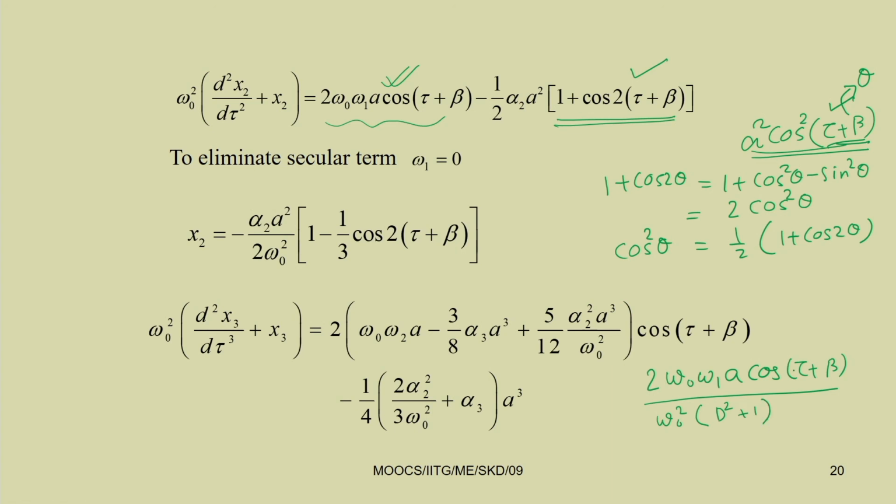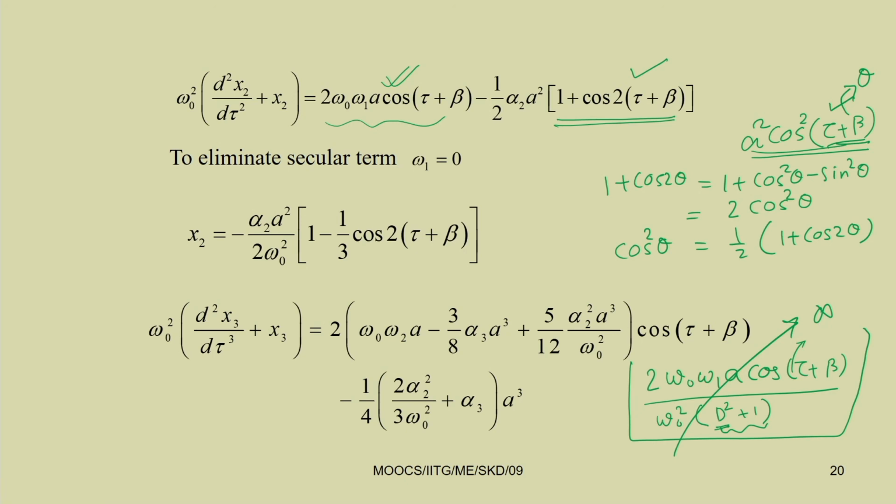In place of d square we have to put minus 1, so minus 1 plus 1 becomes 0. As this becomes 0, the whole term tends to infinity. This term is known as a secular term.